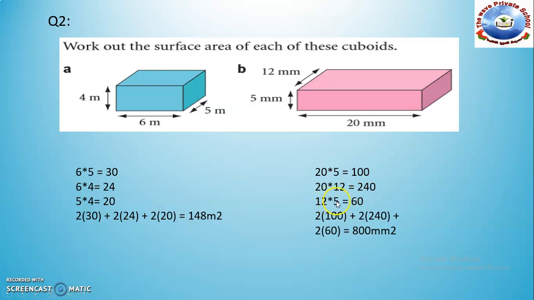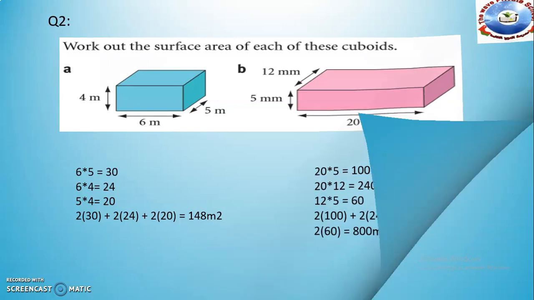When you multiply width into height, you get 60. All these values will be multiplied by 2 to get the whole surface area: 2 into 100 plus 2 into 240 plus 2 into 60. It will be equal to 800 square millimeter. So it is the whole surface area of this cuboid.